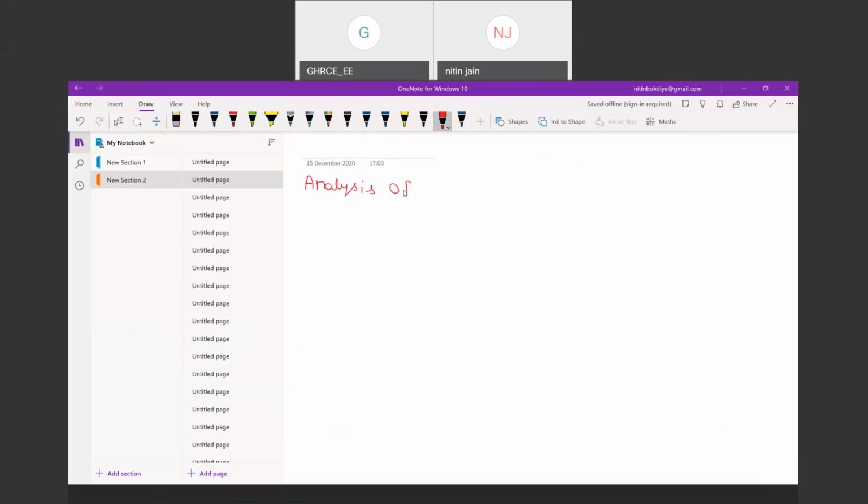Analysis of BJT based amplifiers. There are three types of amplifier, or you can say small signal circuits. The first one is common emitter, then common base, and common collector.